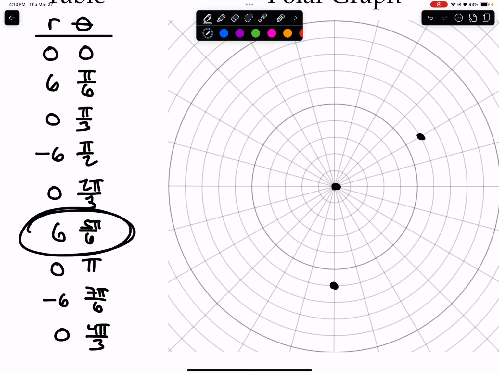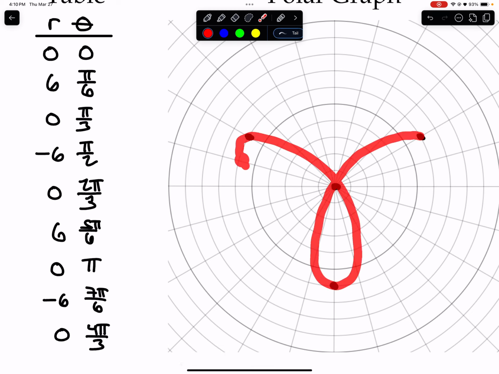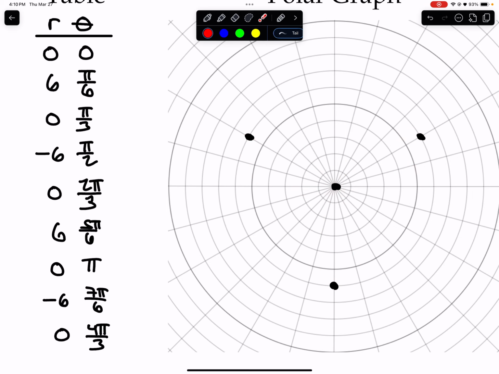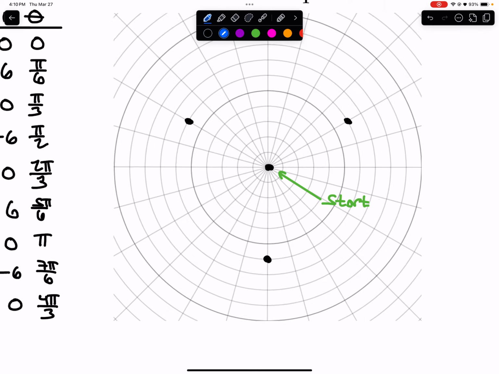So now we're going to be at 6 in the direction of 5 pi over 6, which is going to put us over here. And then we're going to go back to the pole from there. So we currently have this kind of layout. And then we would go back over here to the starting point. Or not the starting point, since we started at the pole.